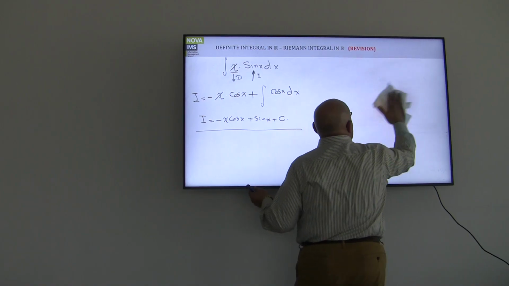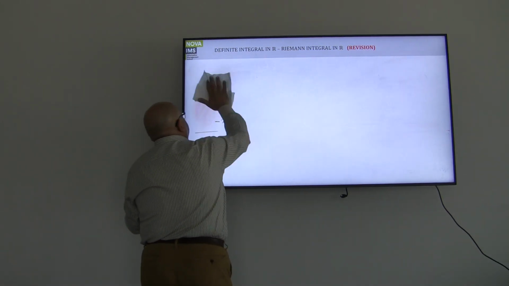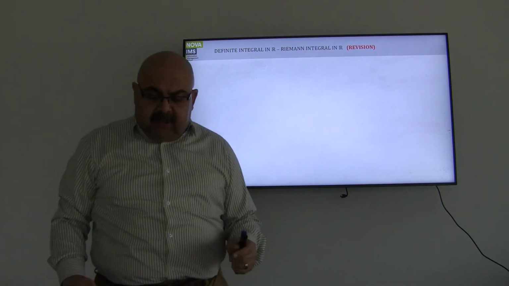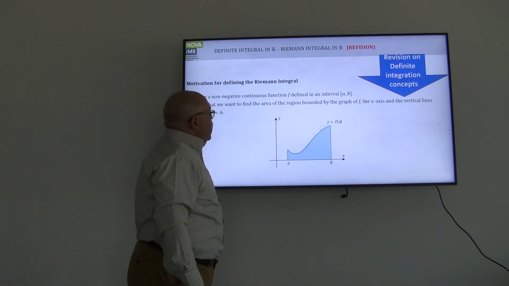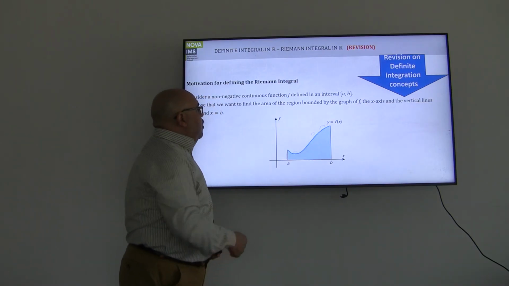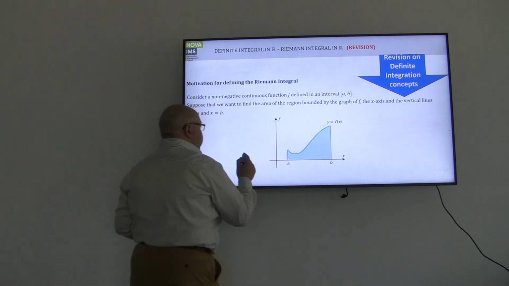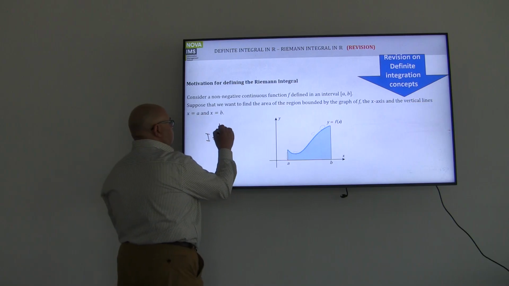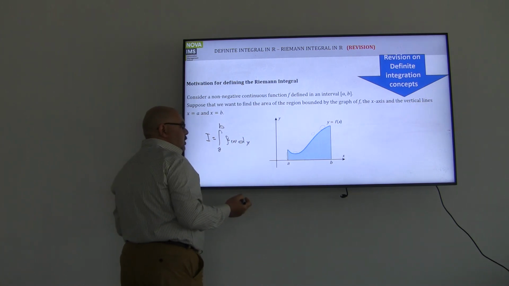Before continuing, I want to talk with you about the definite integration. And the definite integration is simply dealing with the antiderivative, but with adding integration limits. So once more, if I want to integrate a certain function, as you can see, from a to b, I can do this evaluation of the area by using the definite integration, which is going to be I integrating from a to b for the function f of x with respect to x, as you can see.